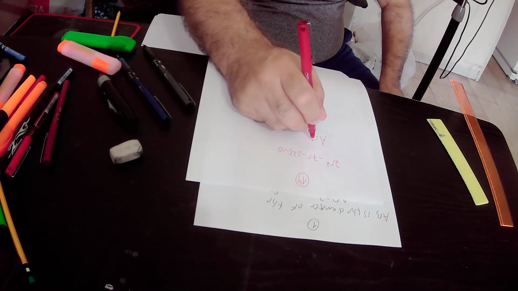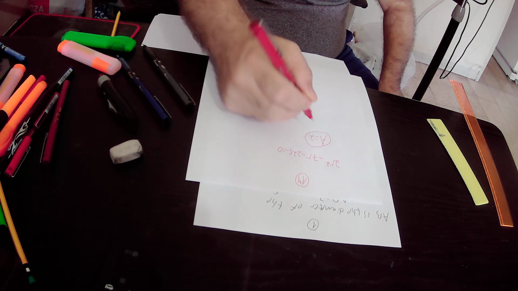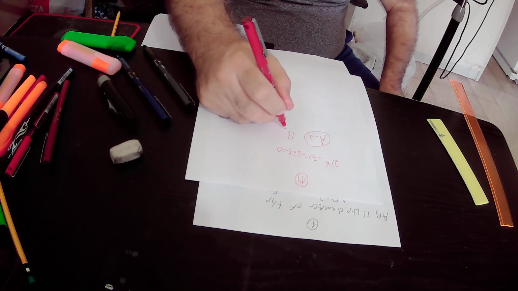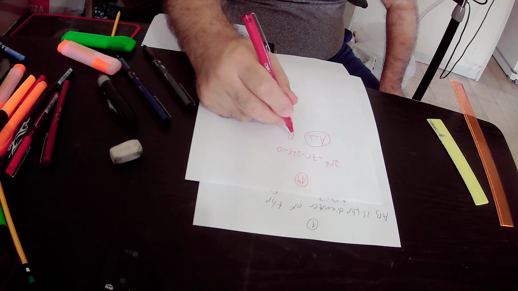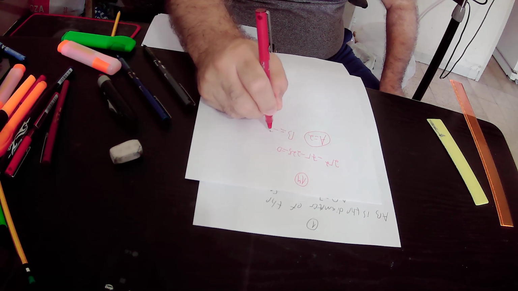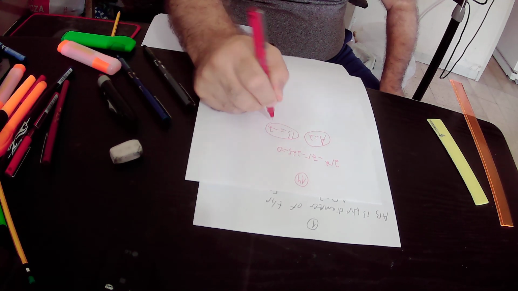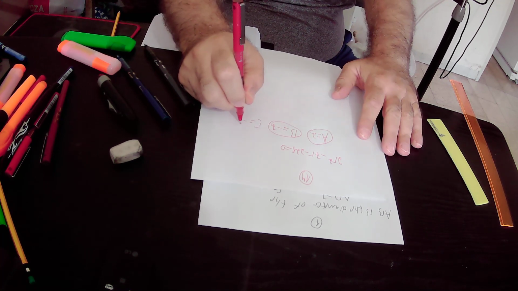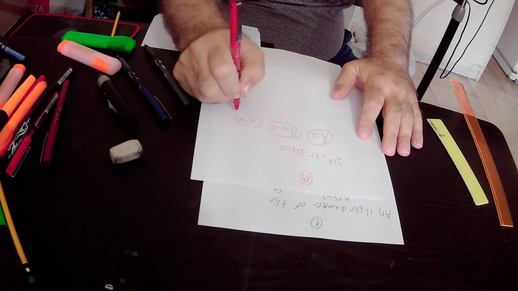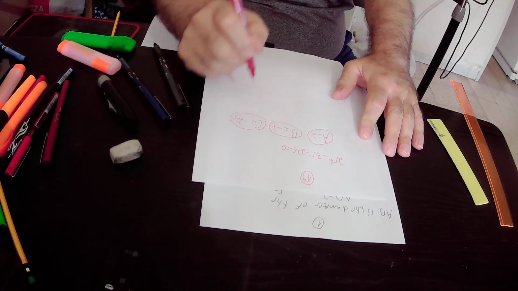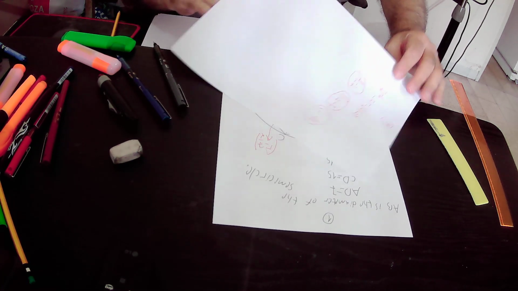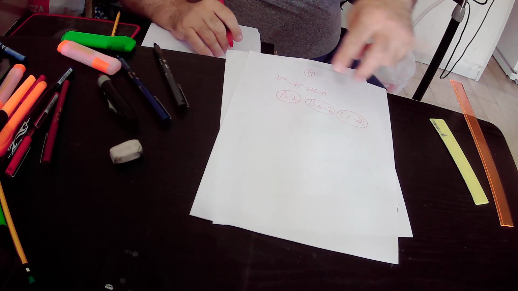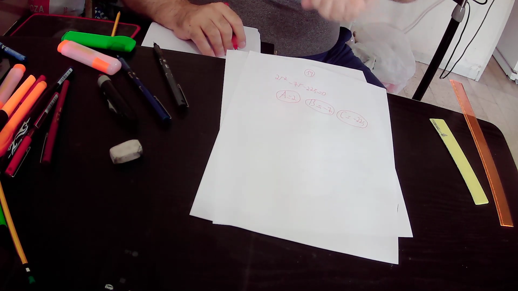Capital A equals to 2, capital B, the coefficients of this quadratic equation, equals to minus 7, and capital C equals to minus 225. Okay, those are the coefficients of this quadratic equation.